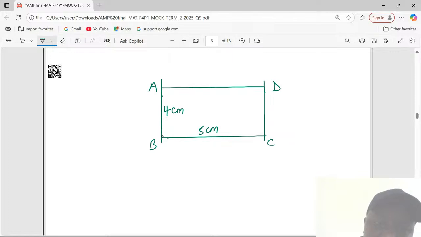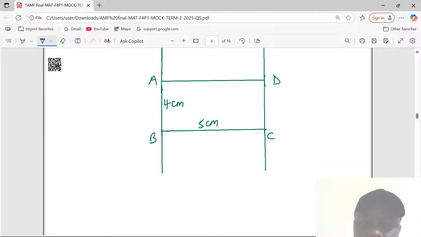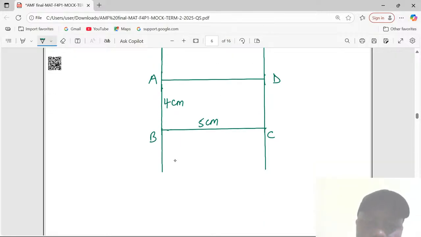So now we need 3 centimeters here, and also the other rectangle on the opposite side, 3 centimeters. So let me draw that. So this is 3 centimeters by 3 centimeters.